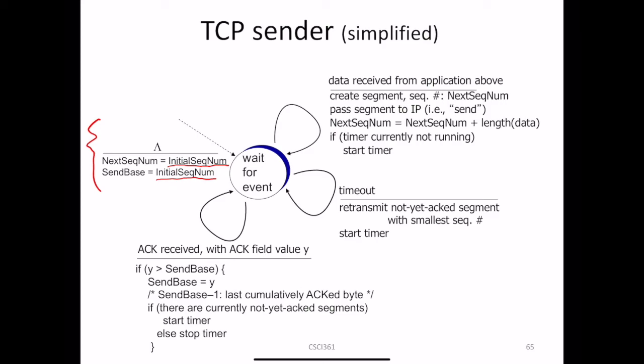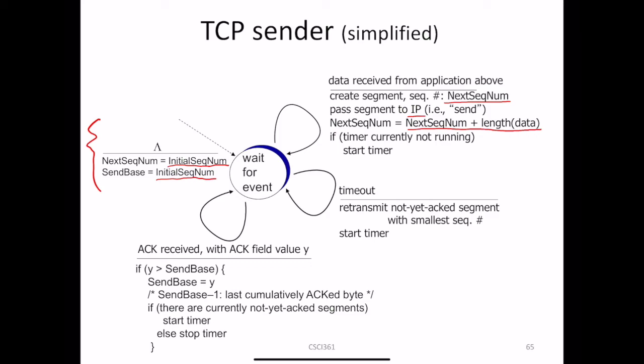And then when data is received from the application layer, it just creates a segment based on this next sequence number, and then passes this segment to the network layer. And also don't forget to update our next sequence number by the length of the data. And then check whether the timer is currently running or not.